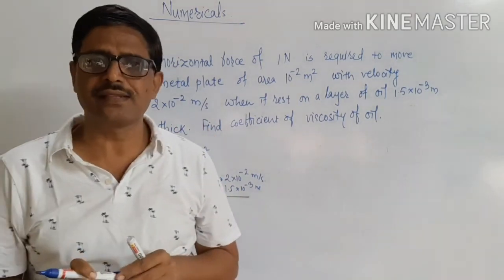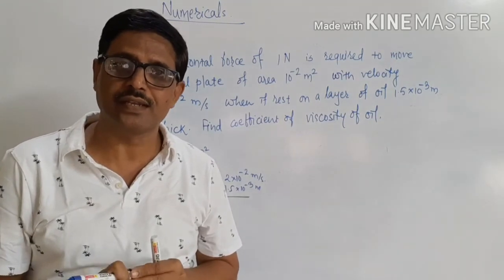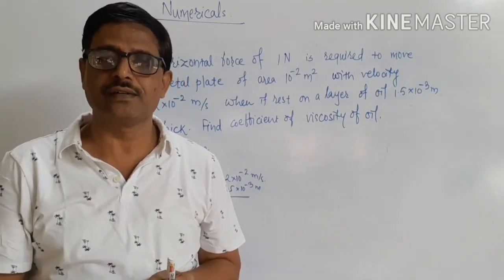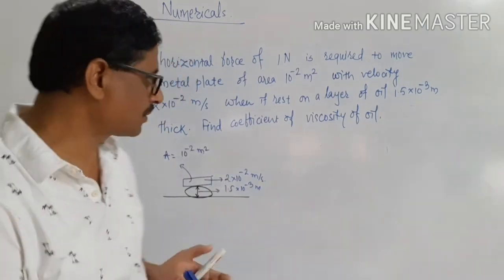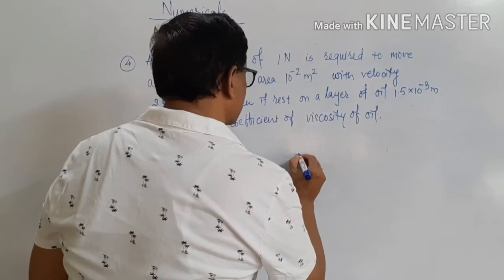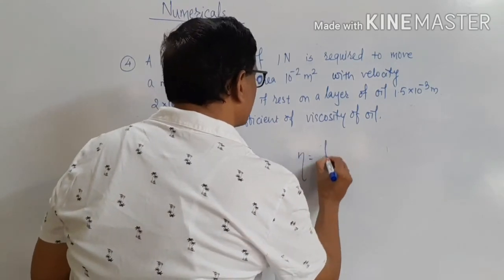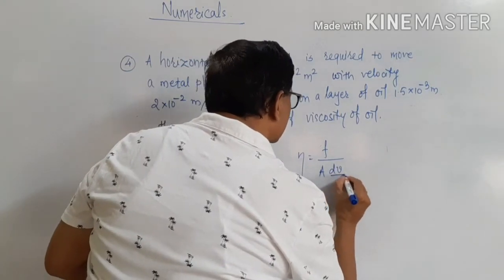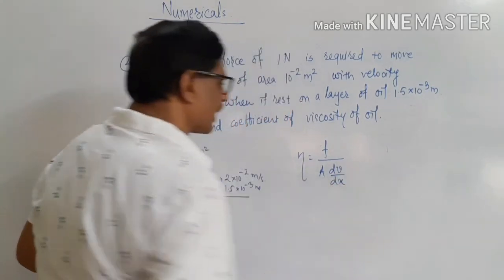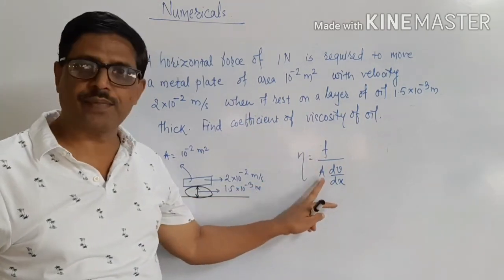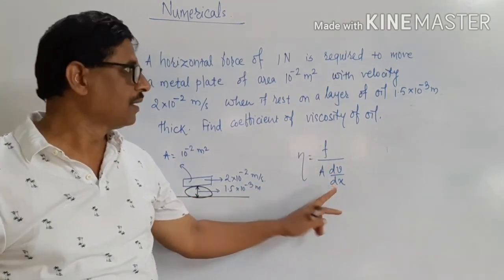The job is again simple. What we will do here is substitute the values in the formula. The coefficient of viscosity, eta, is the viscous force per unit area per unit velocity gradient.